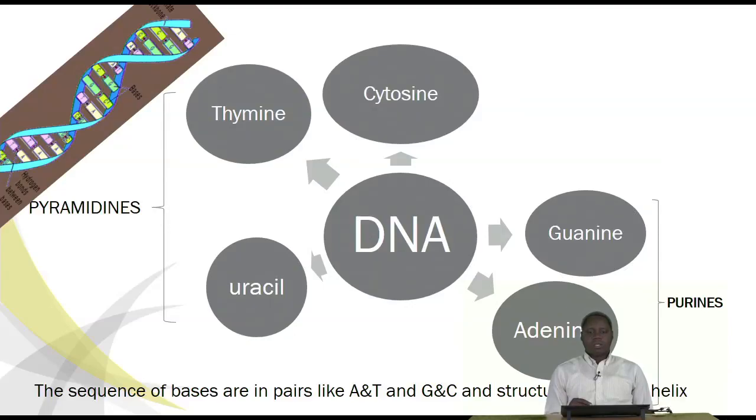These are components of DNA, where pyrimidine has three nucleotide bases: one is cytosine, another is thymine, and we also have uracil. And we have purine with two bases, guanine and adenine. These bases pair as AT and GC. Those are what make a DNA.